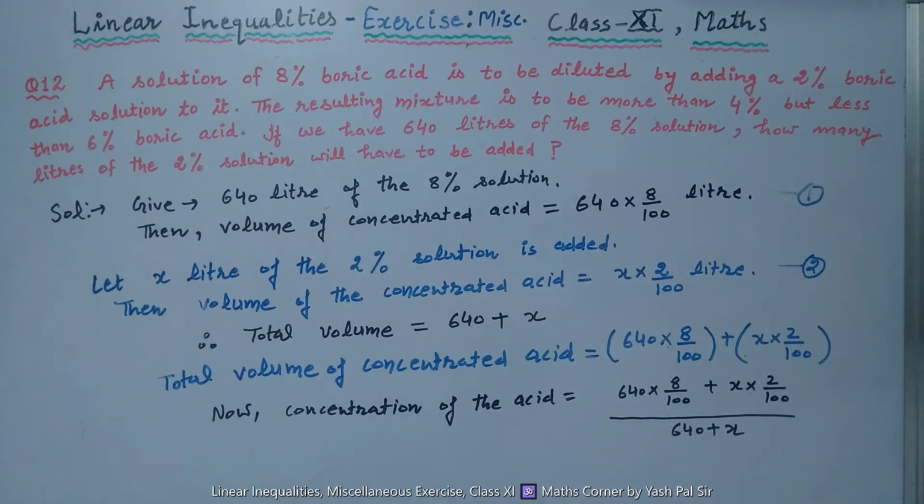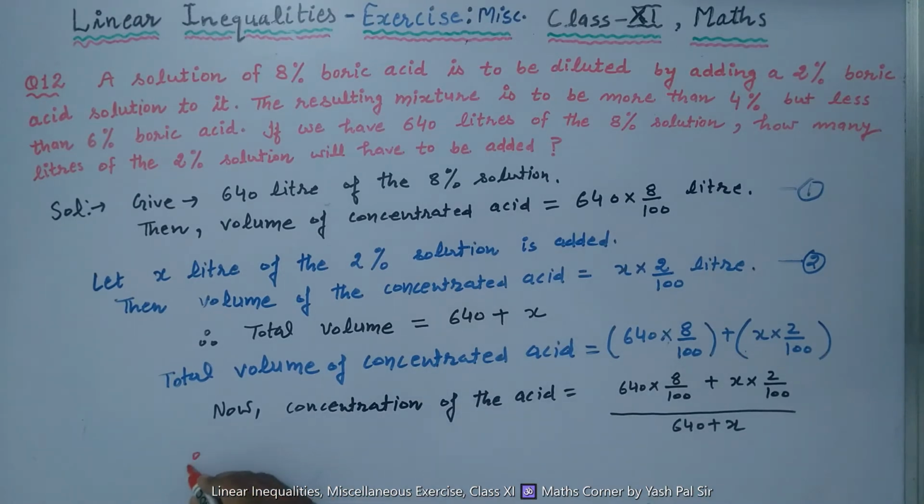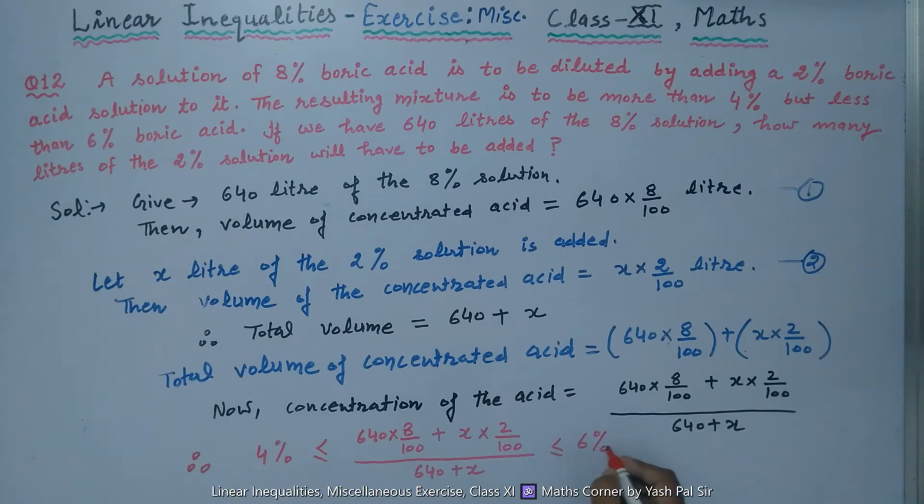So this way what we write here now, we have 4% less than this whole, 640 into 8 upon 100 plus x into 2 upon 100, whole divided by 640 plus x, less than or equal to 6%.